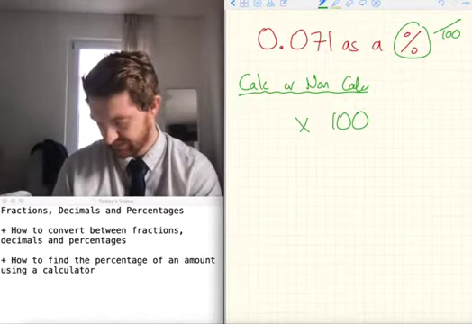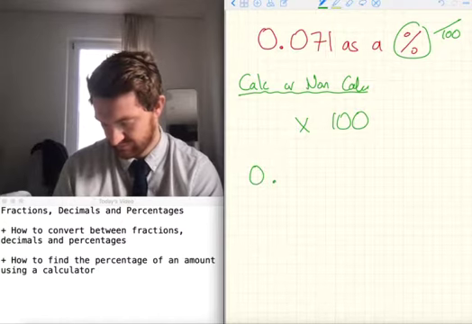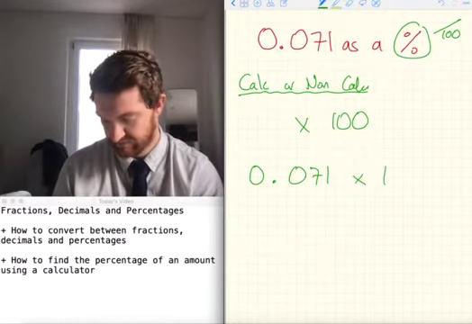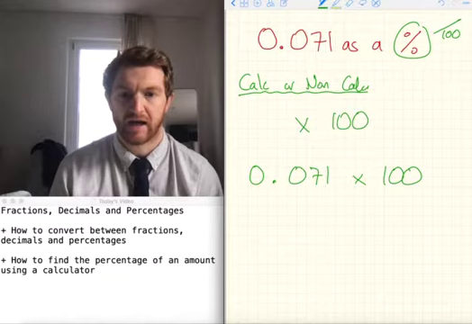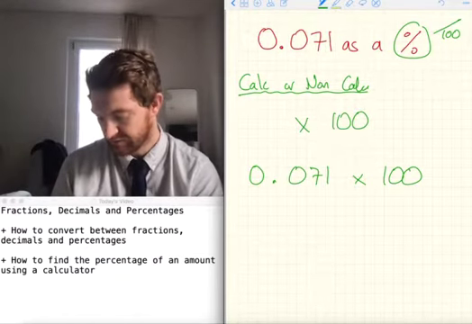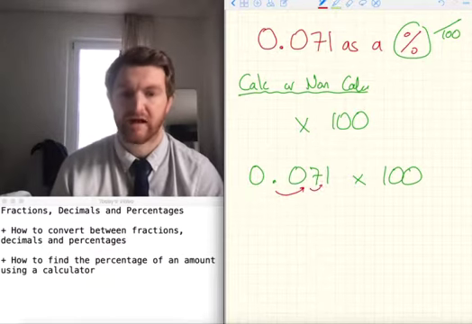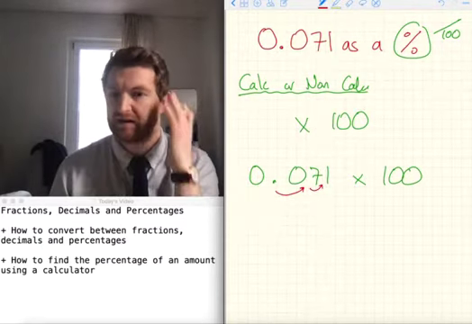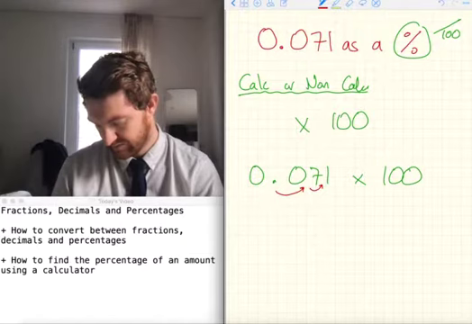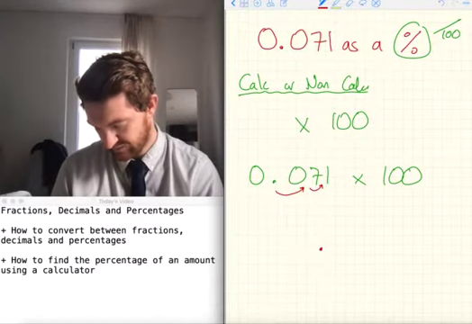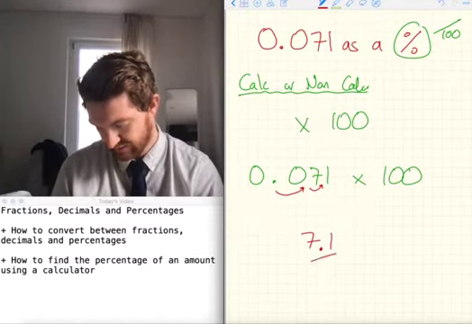So we take 0.071 and we times it by 100. Now if you have a calculator, you just type that in. If you don't, you take the decimal point and you move it 2 places to the right, or you move the digits to the left, depending on which way you think about it. So the decimal point's now between the 7 and the 1, and you've got 7.1%.